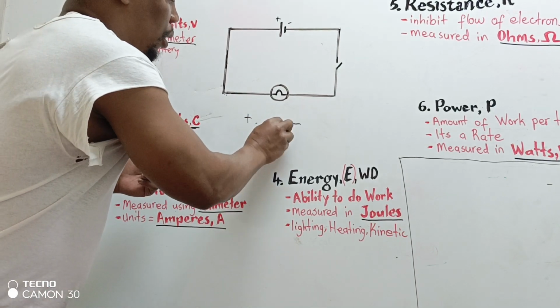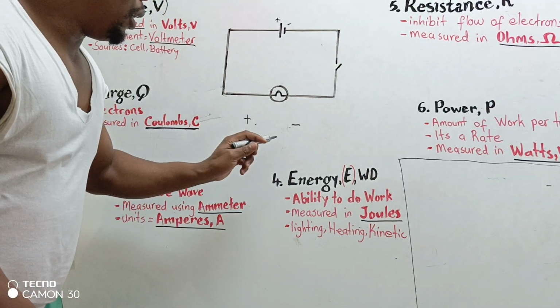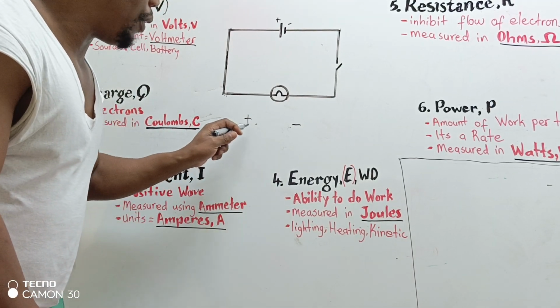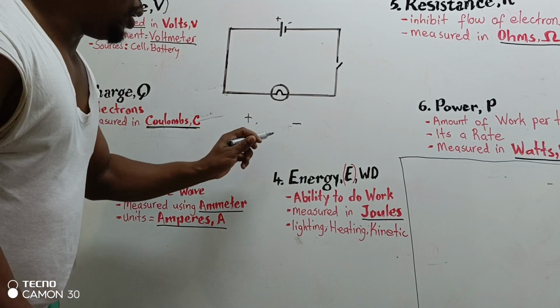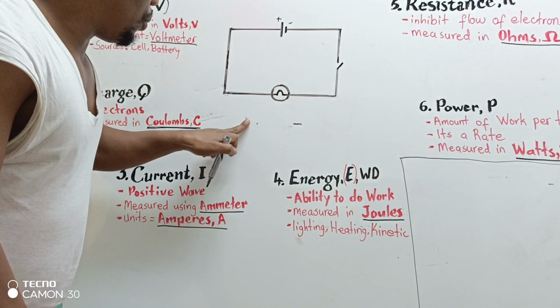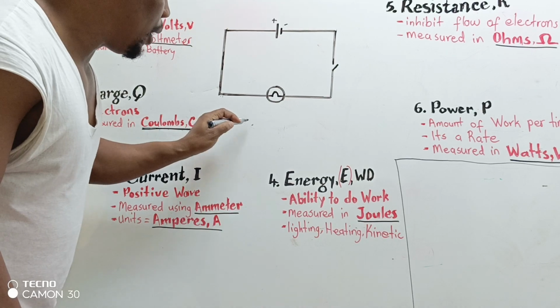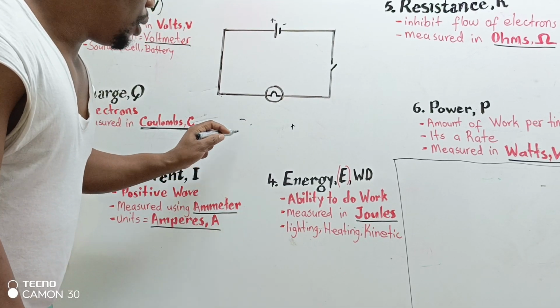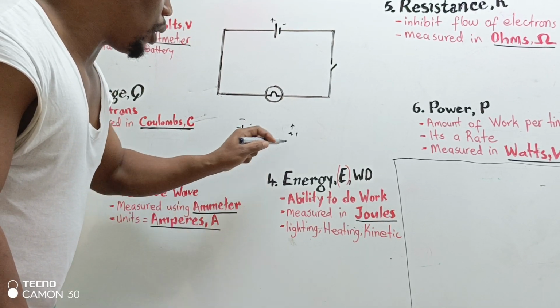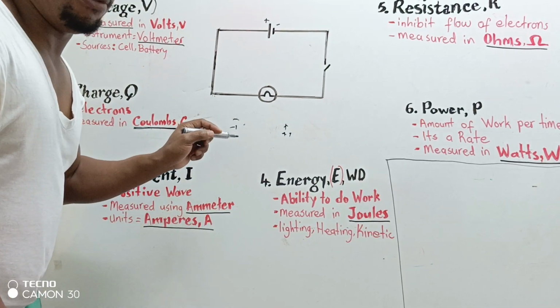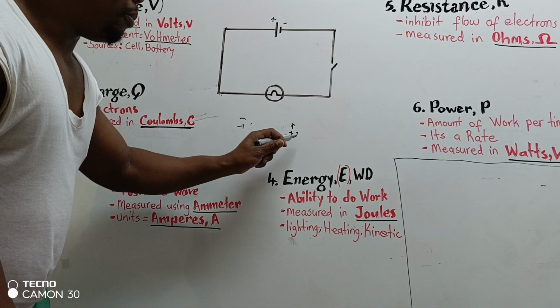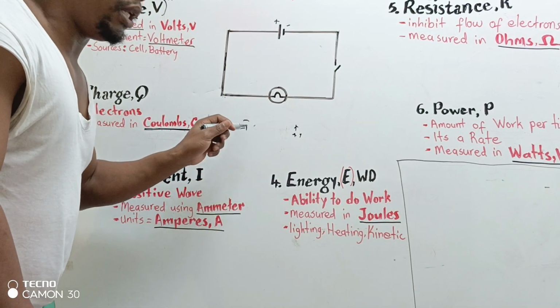Voltage. Here you have negative 1 on this side and positive 1 on the other side. The difference is plus 1 minus negative 1, which is plus 2.